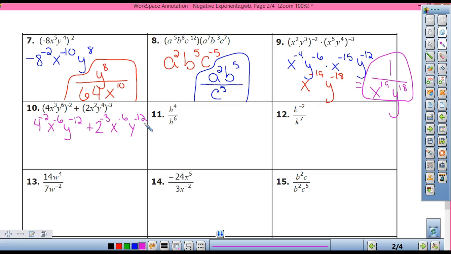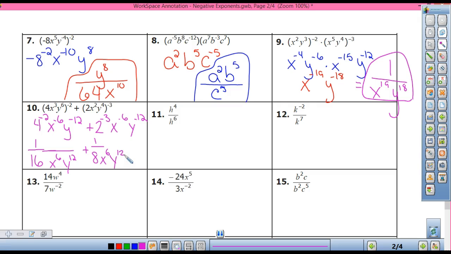So I have 1 over 16 x to the 6, y to the 12, plus 1 over 8, since 2 to the 3rd is 8, x to the 6, y to the 12.